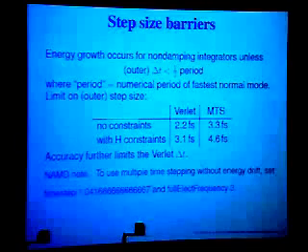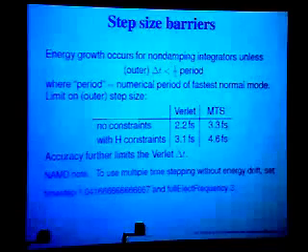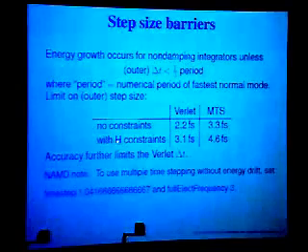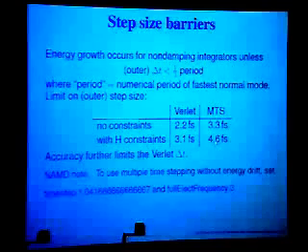And so in particular, if we use a CHARMM force field and we don't have any constraints, that means that we can't exceed 3.3 femtoseconds. If we introduce constraints on the bond lengths for hydrogens, we can go to 4.6. Now, the Verlet method is even more restrictive.